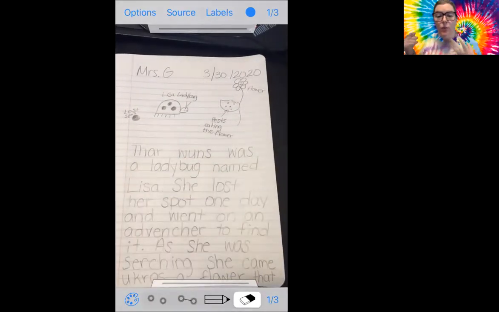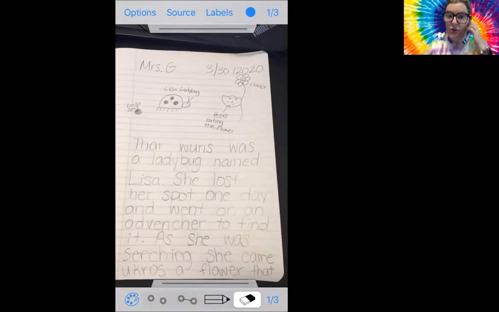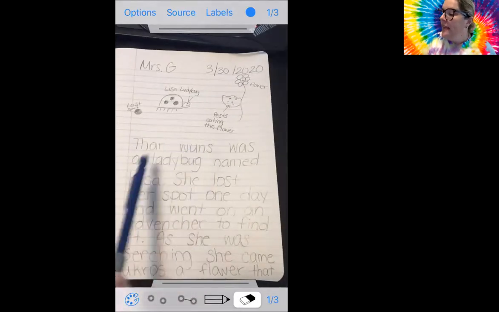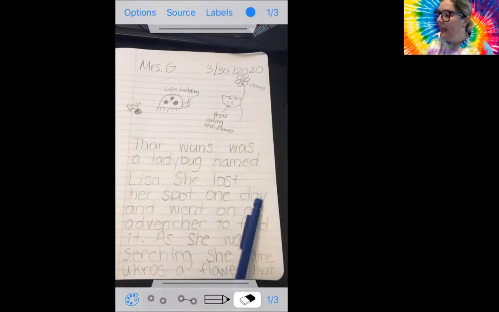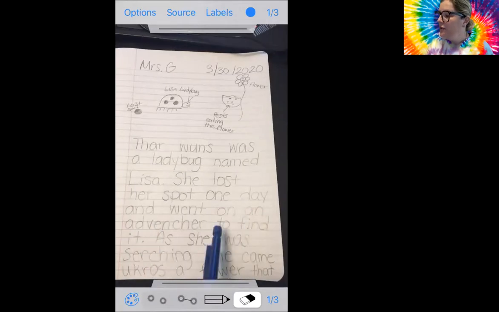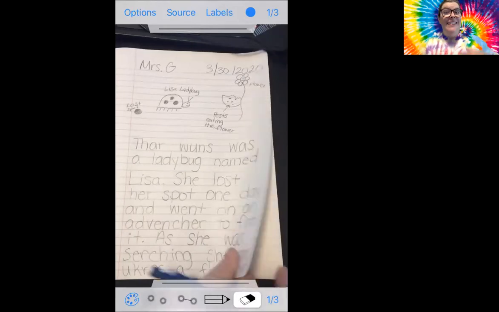Now I ran out of room. Now I need to turn the page. But before I do that, I'm going to reread my writing so I know where to start on the next page. So let's start over. There once was a ladybug named Lisa. She lost her spot one day and went on an adventure to find it. As she was searching, she came across a flower that needed help.